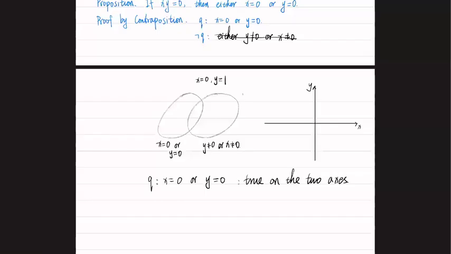The negation will be the complement, the rest of the plane outside the coordinate axes. So in the rest, x is not 0 and y is not 0, in each quadrant.